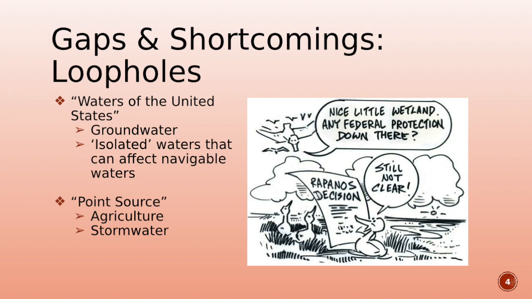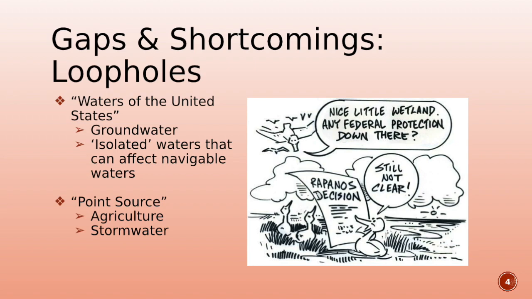And there the story is really about the political power of agriculture when the act was being passed. And they are regulated under the Clean Water Act, but under this umbrella of best management practices. They get these very general rules about practices instead of focusing on the actual prevention of pollution.